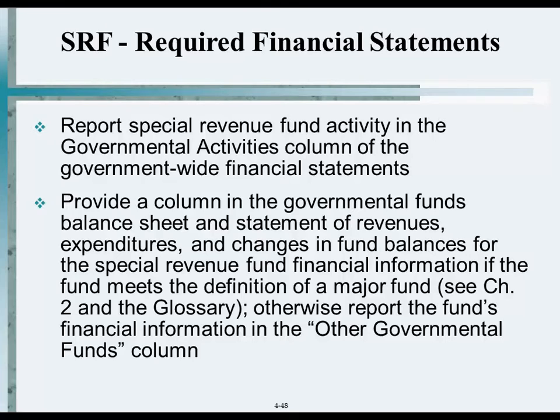A major fund, right? But does it have to be a major fund for you to show it? No. So when you look through that CAFR, you might find special revenue funds, but nowhere on the financial statements. They'll be in the combining statements, the lesser funds, okay? It's because it's not a major fund, okay?